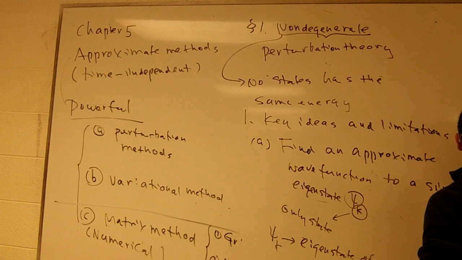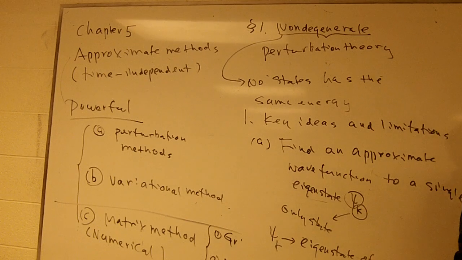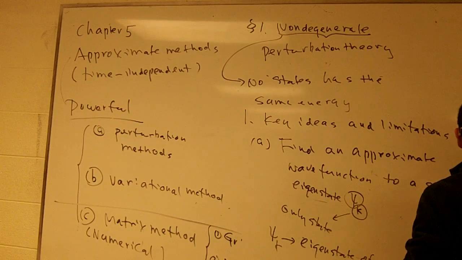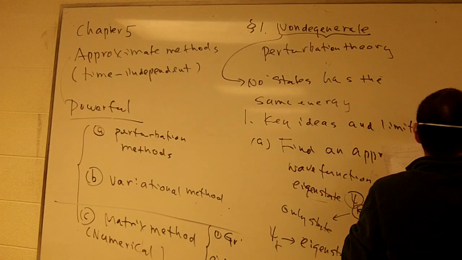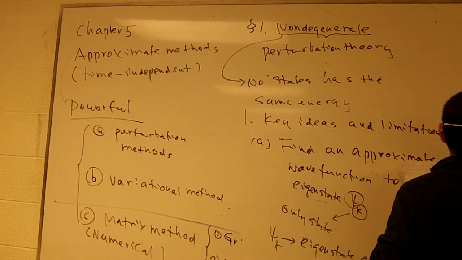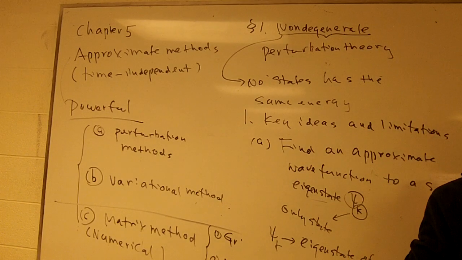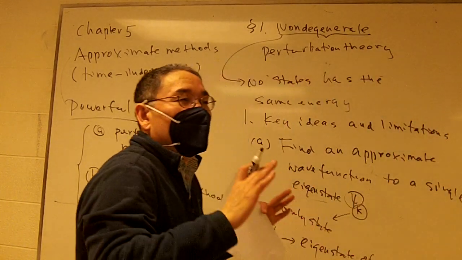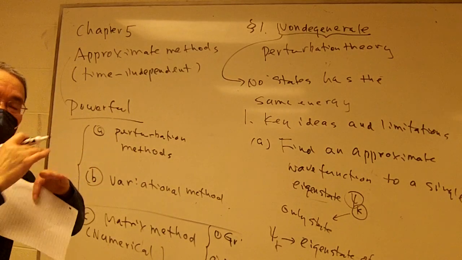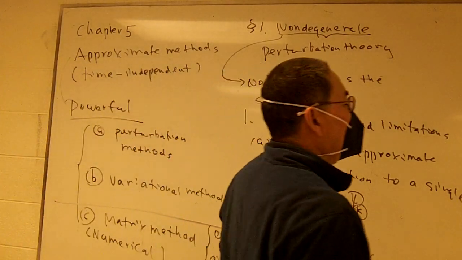So non-degenerate means the following. It means that E_(k-1) is not equal to E_k, and E_k is not equal to E_(k+1). So in other words, at least within that particular energy window, they're not the same.